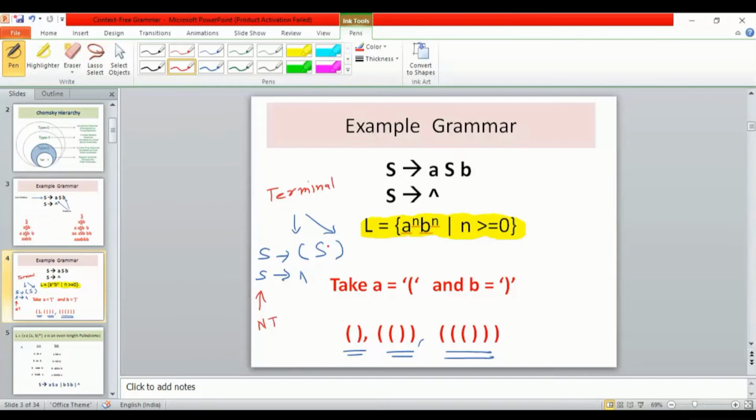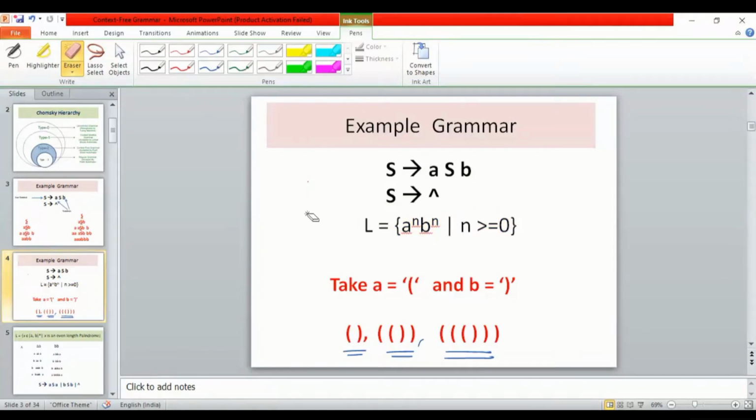And we have a non-terminal which can be replaced with a combination of terminals and non-terminals. So with this simple example, I hope it is clear how we can derive a string from the grammar, what is a non-terminal, what is a terminal, and what is a production rule.